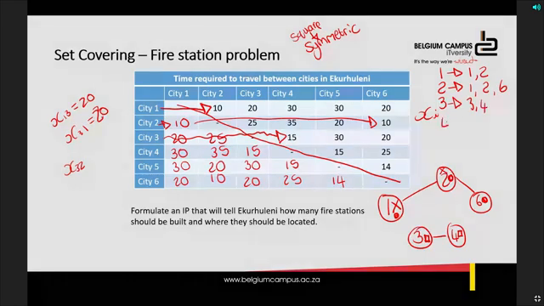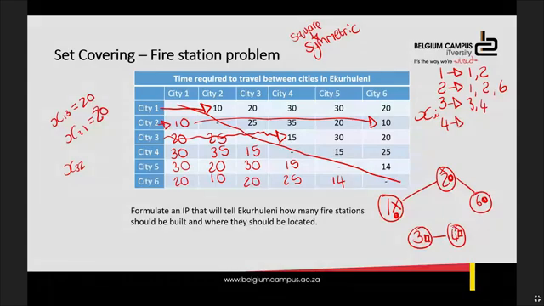What about city 4? City 4 will cover 3, itself, and 5. Very good. So 3, itself, and also 5. What about city 5?